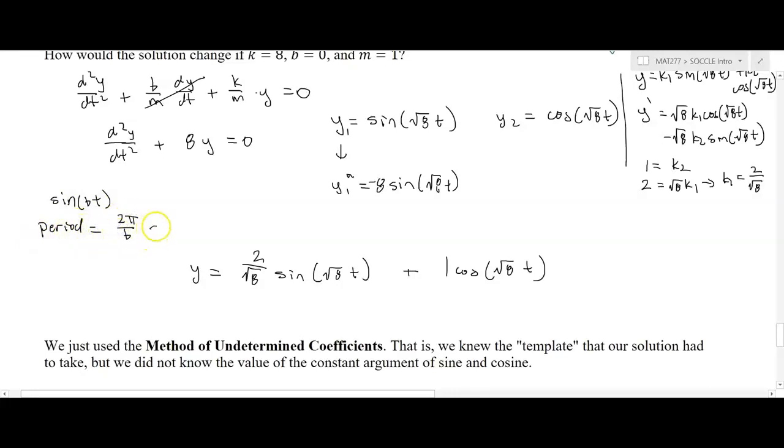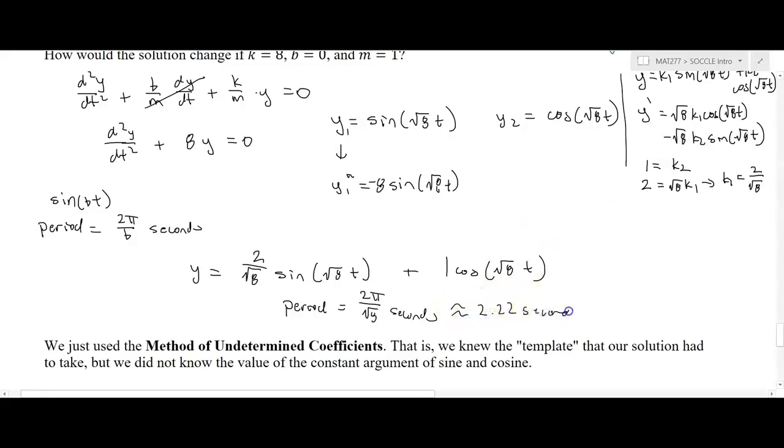And its units are seconds. So that's how many seconds it takes to complete one oscillation. So if b is square root of 8, then this is going to have period equal to 2 pi over the square root of 8 seconds. Now that comes out to approximately 2.22 seconds.